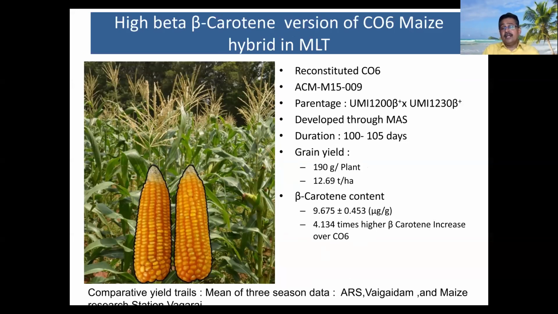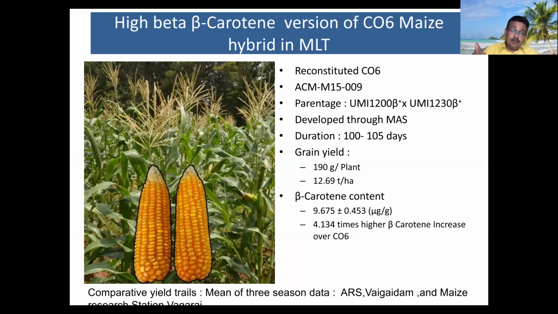Again, you can ask another question: with the conventional method of breeding, can you just transfer the beta carotene? No, it is not possible, because in every backcross the progenies have to be screened. If you screen the progenies, it is very difficult to do by HPLC because it's a destructive method. You have to destroy the sample.